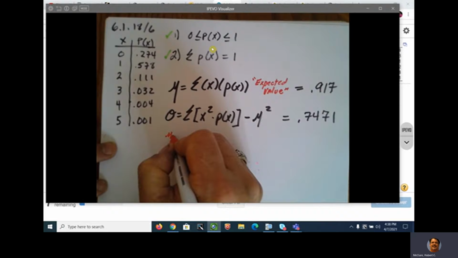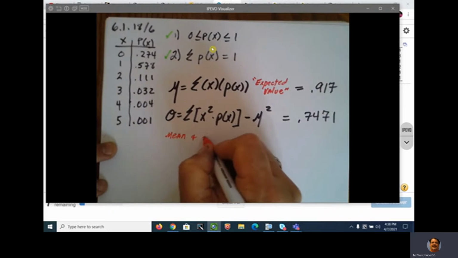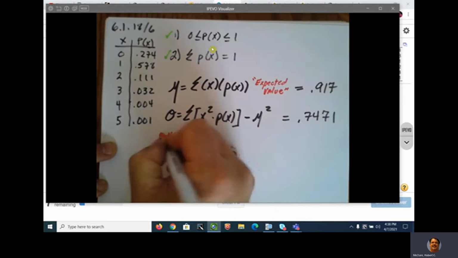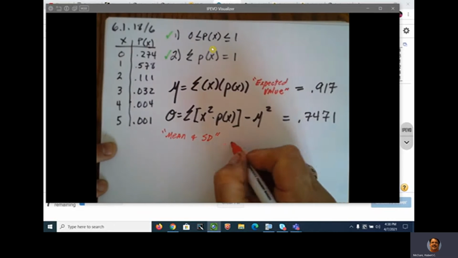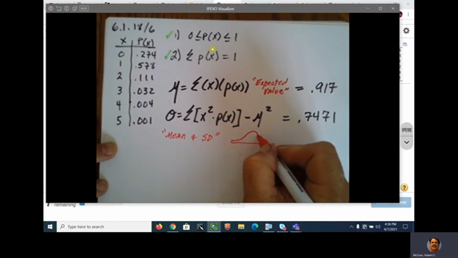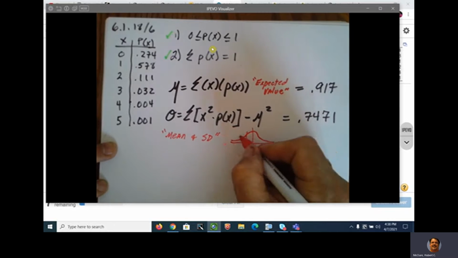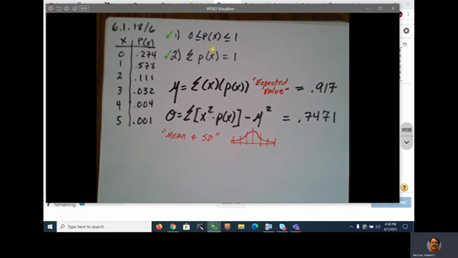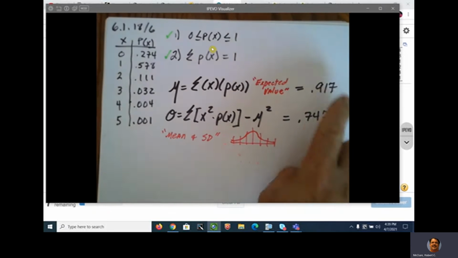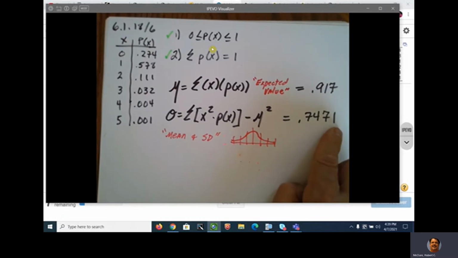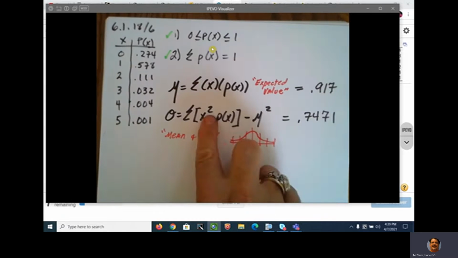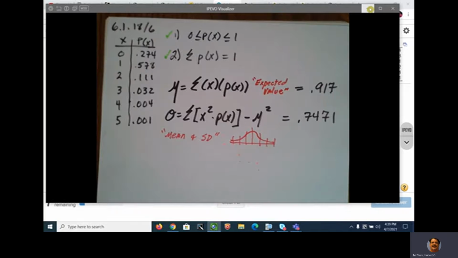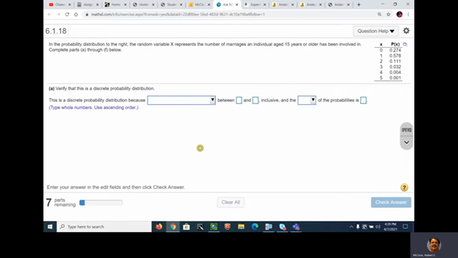Whenever you hear mean and standard deviation in the directions, you may be asked to draw the curve with 3 standard deviations on the left and 3 standard deviations on the right, with the mean in the middle. I don't think this question is going to ask that, but let's see what it does ask.